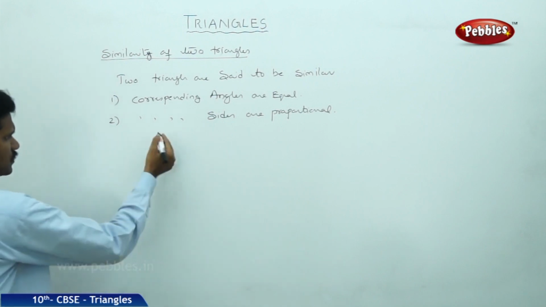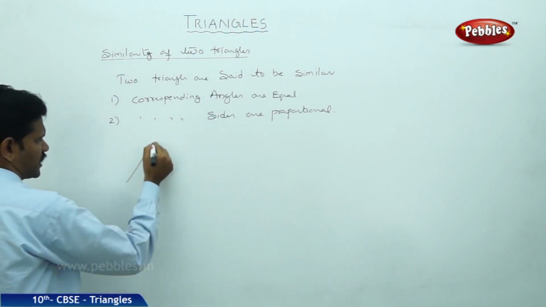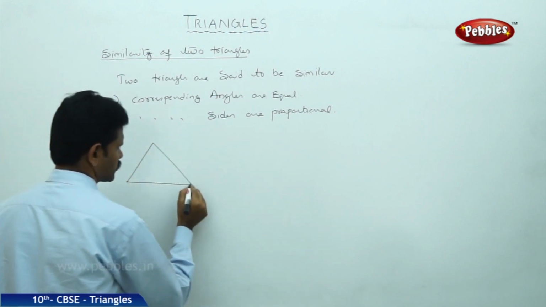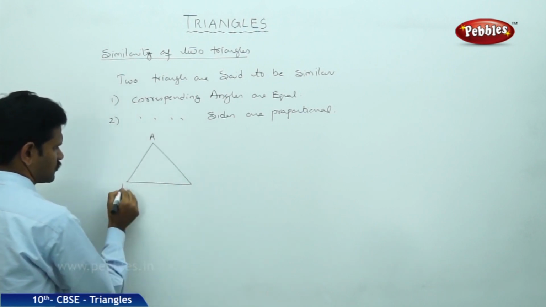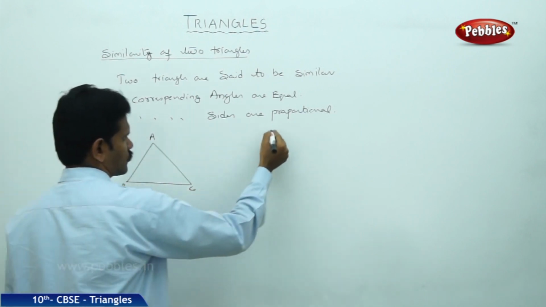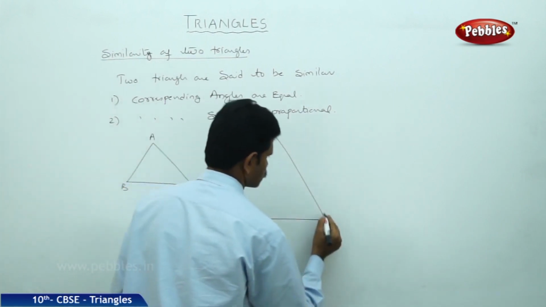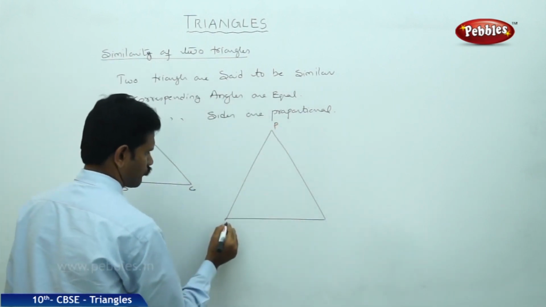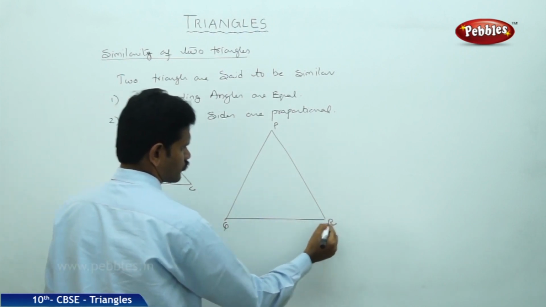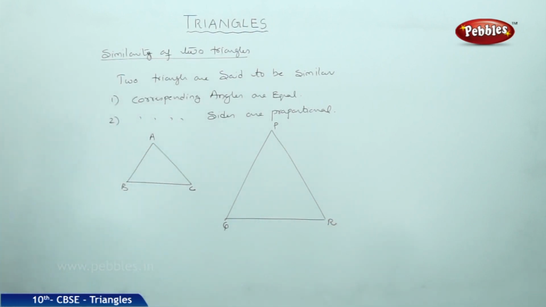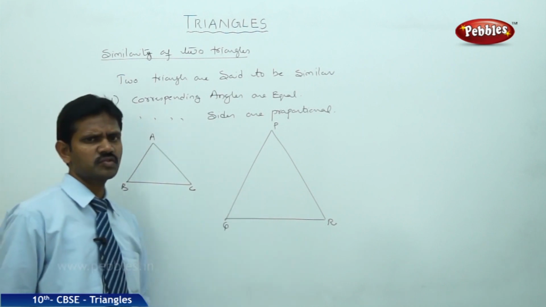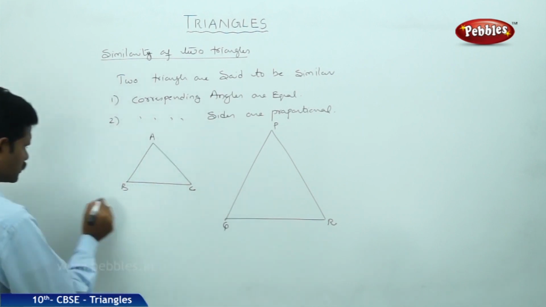Let us see. Consider two triangles ABC and PQR. Now let us consider these two triangles are similar.